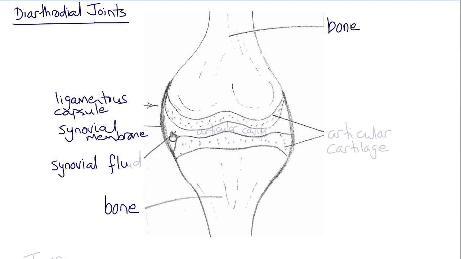Inside the joint is synovial fluid, and at the ends of the bone is the articular cartilage that is also saturated with synovial fluid and forms the bearing surface for joints. And the space between the cartilage is called the articular cavity. And the synovial fluid and cartilage allow for a very low friction joint.